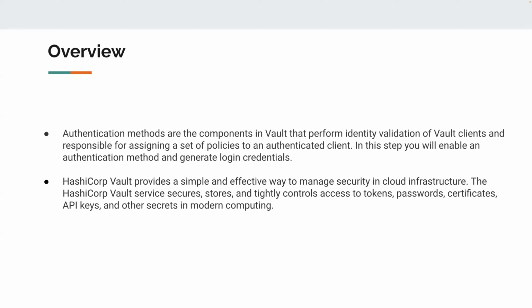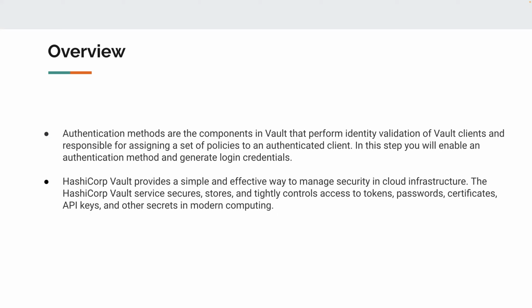When we are talking about authentication methods, it's basically a paradigm component. In the previous session, we showed a paradigm where the policies, the authentication method, and the secret engines play a vital role while communicating with humans or machines.